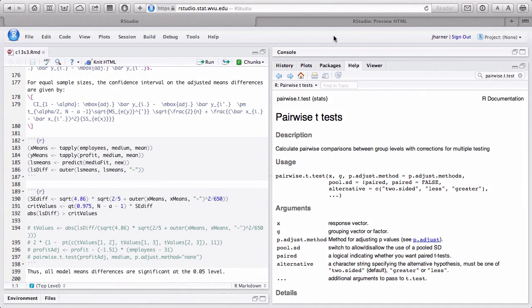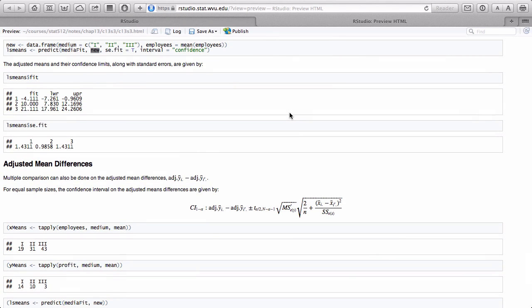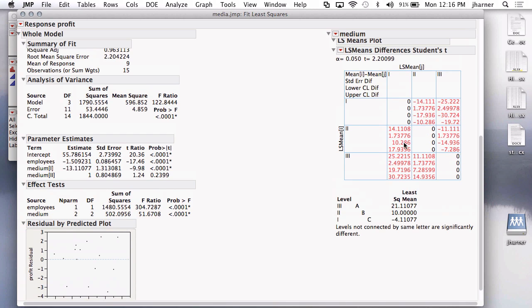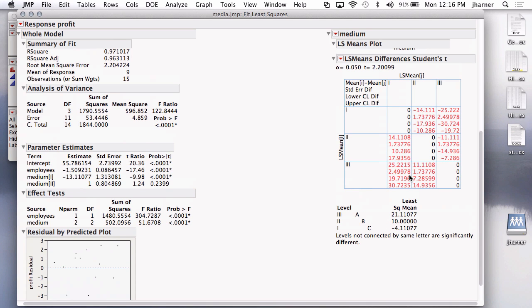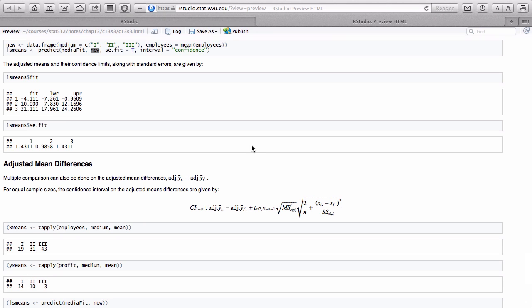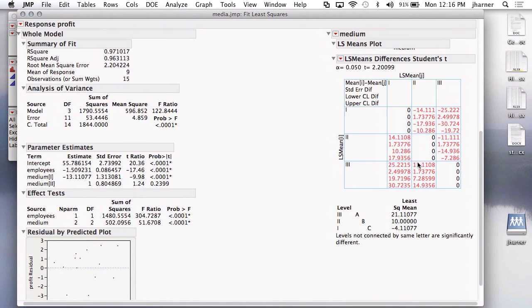I didn't check. Minus 7.26 and minus 0.96. Let's see. One of the things that they may do, 17 and 24, let's see.